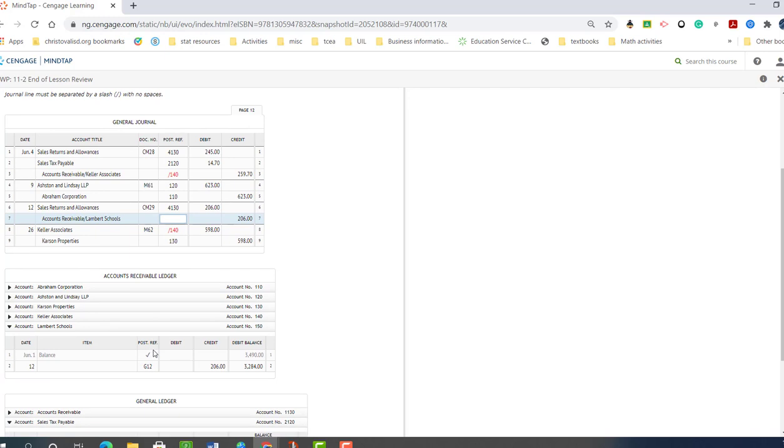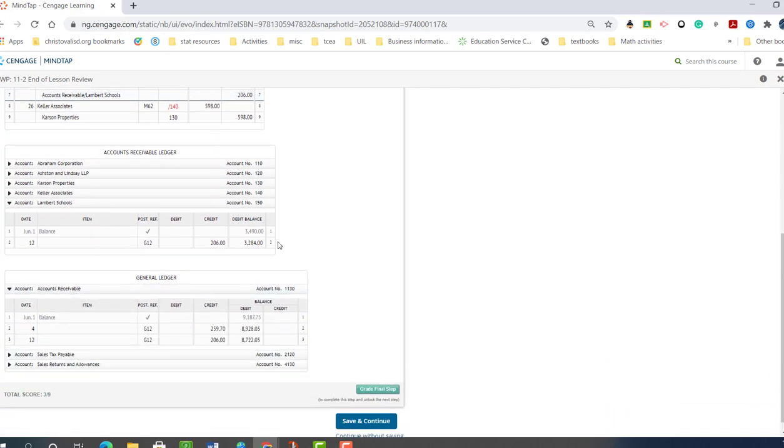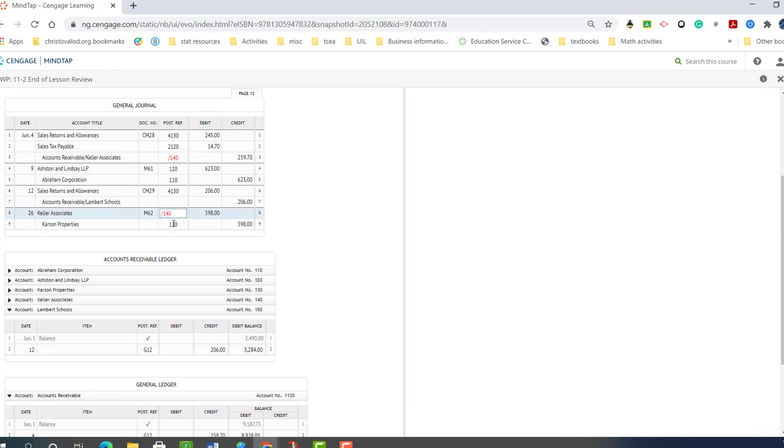And then our accounts receivable was 1130. Oops. I marked a slash on that one. It was not supposed to be on that one. It's supposed to be on this one that has a slash. Lambert Schools was 150. You might post everything correctly.